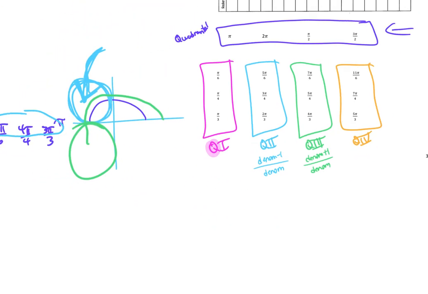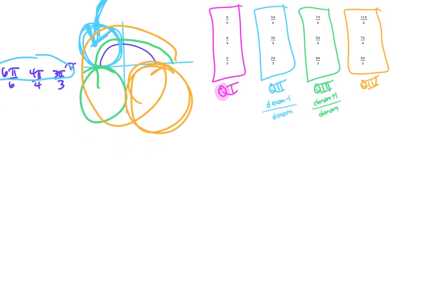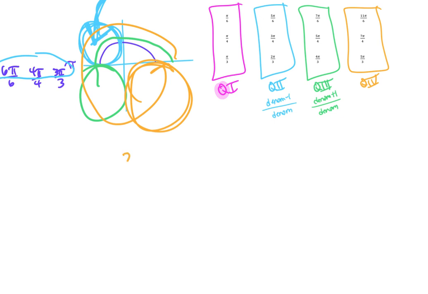Okay, and then let's think about quadrant 4, right? We rotate around to quadrant 4. We're just shy of 2 pi. So think about what 2 pi is equivalent to, right? 2 pi could be 12 pi over 6. That's equivalent to 2 pi. 8 pi over 4. And then 6 pi over 3, right? Those are equivalent to 2 pi.